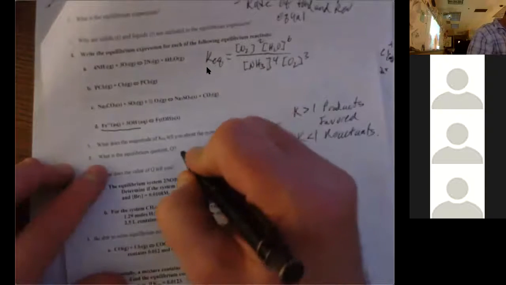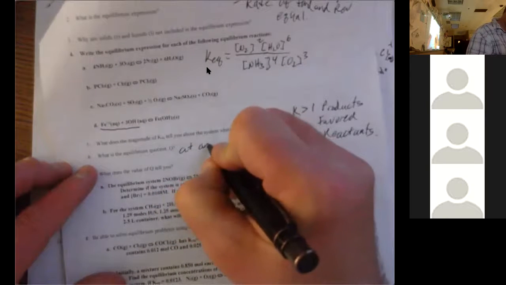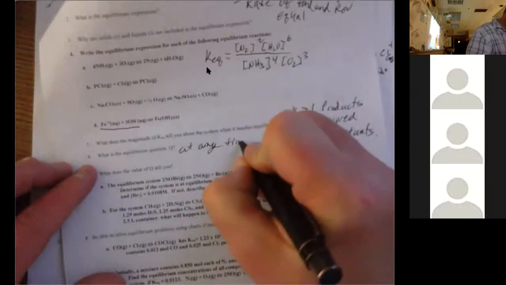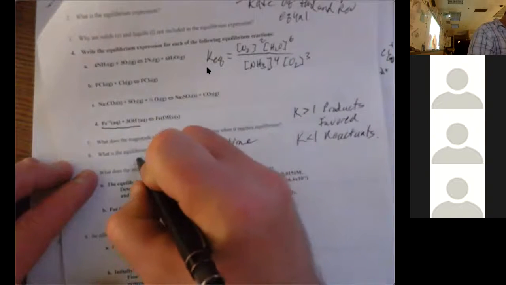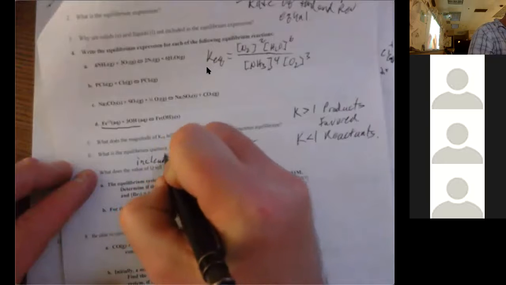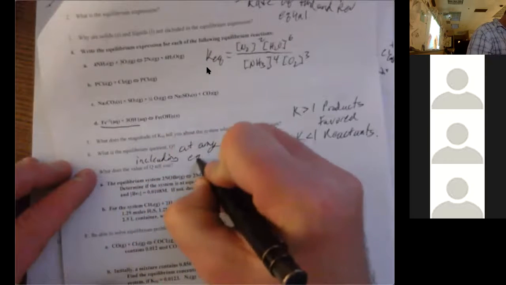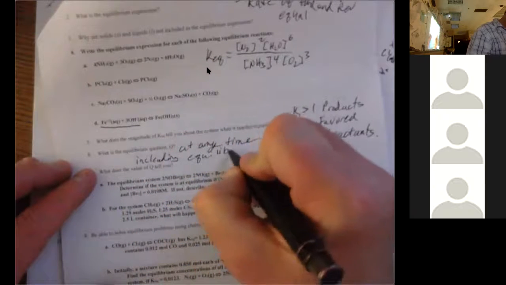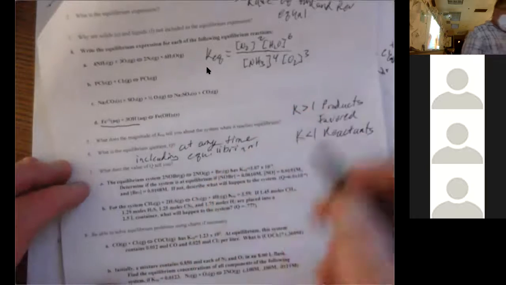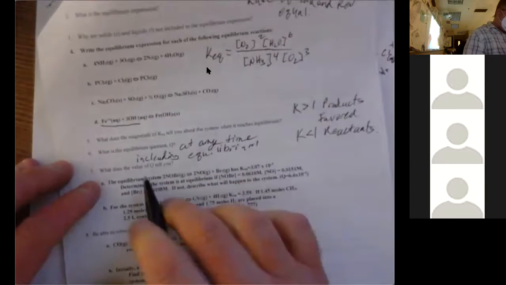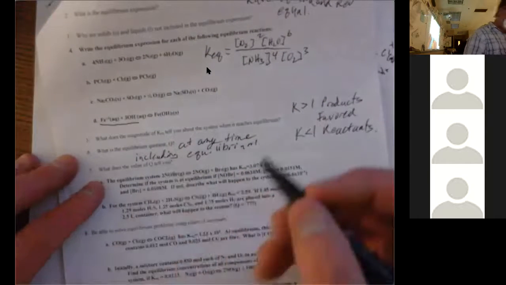Q is at any time. Any time other than equilibrium. Actually, it can be at equilibrium. The actual value of Q tells you whether or not you're at equilibrium.